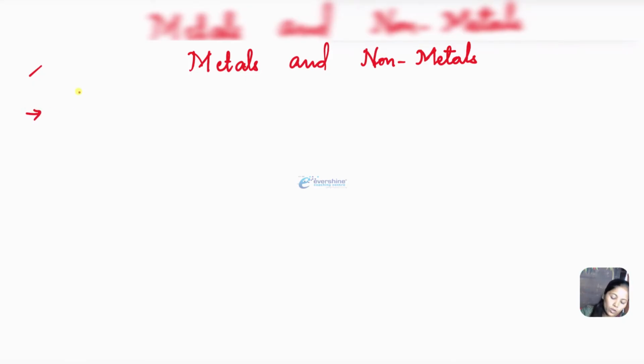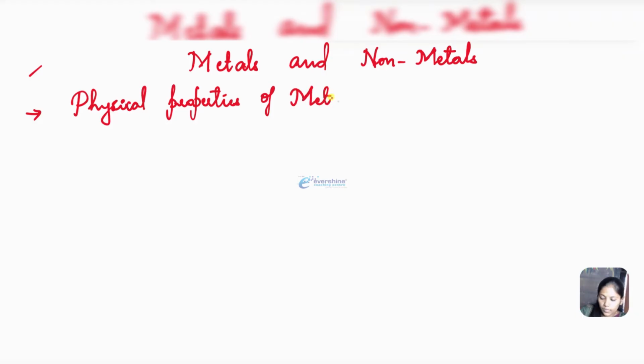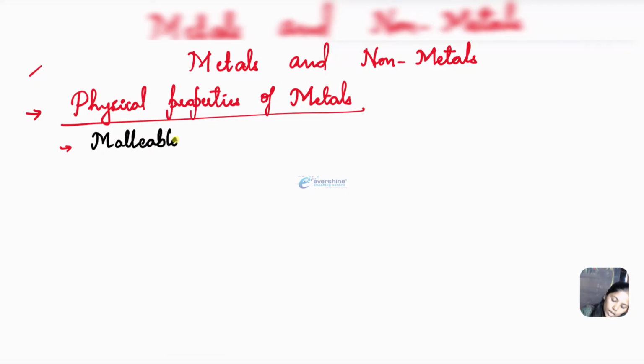Okay, in this chapter they'll ask you the physical properties of metals. So what are the physical properties of metals? They may ask what you can write as physical properties of metal. Metals are malleable.